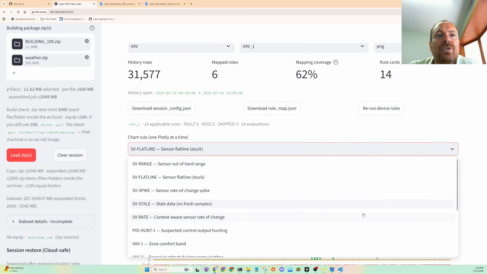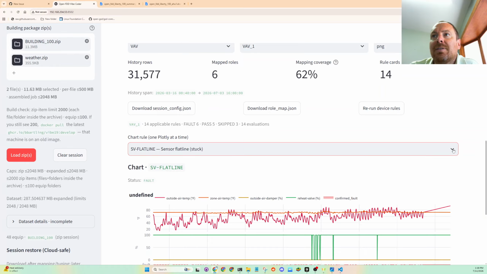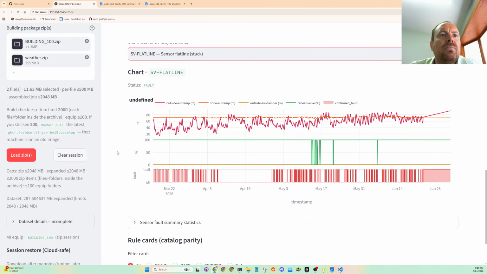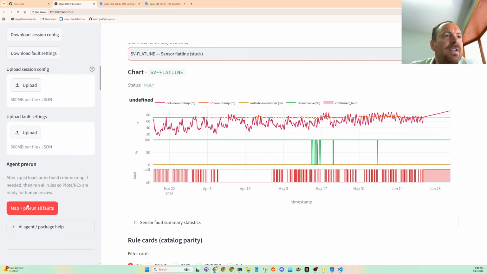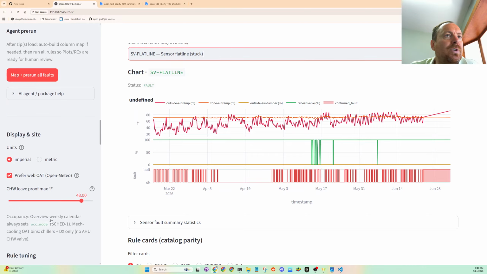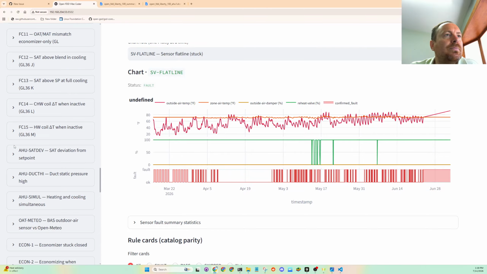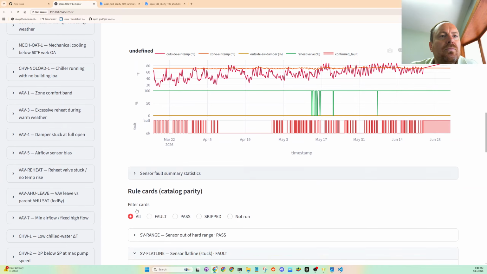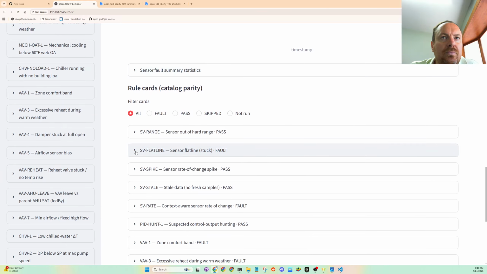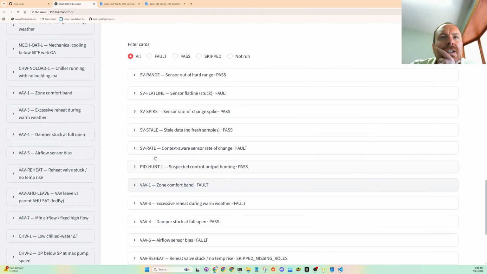So this is where you could drop down and look at the different kinds of plots you'd want. Down here, left hand side, is how you tune faults. Let's just look at some of this so you can see.